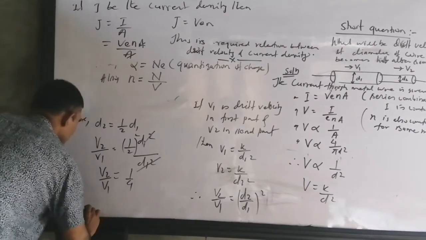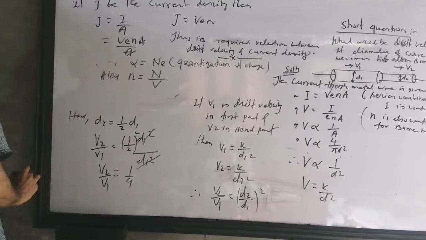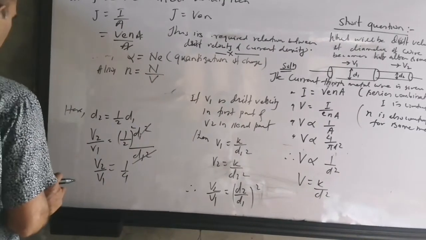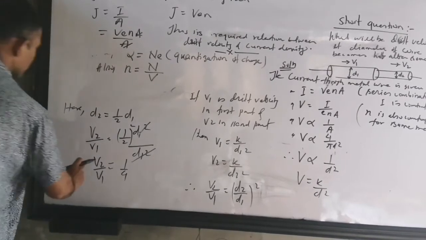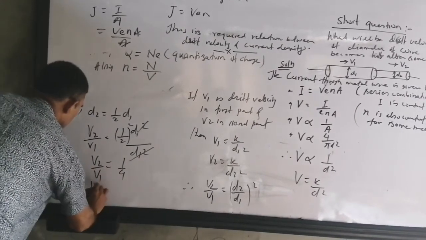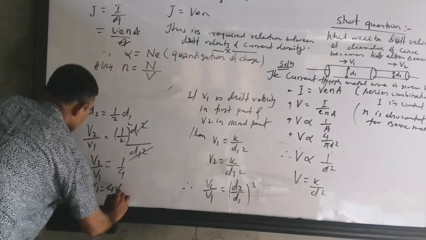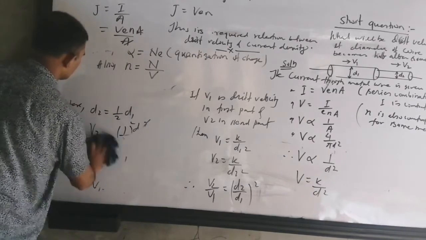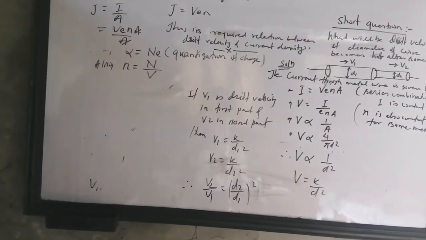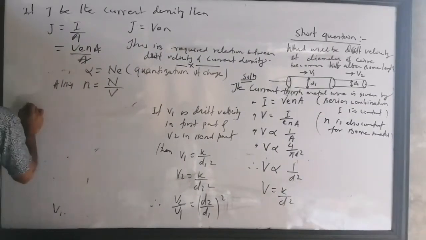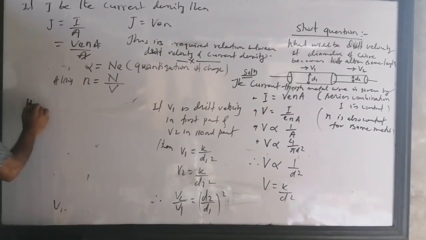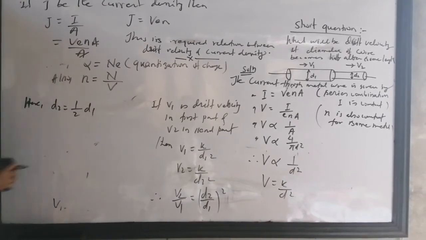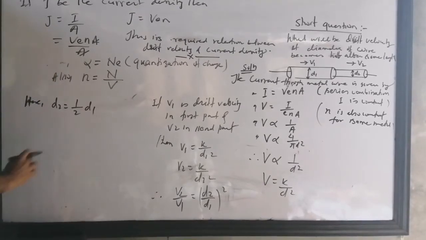So we can simply tell that V1 equals 4 times V2. I think there is some mistake here, let me check. What is given? Here we are given d2 is half of d1. So I have to put that value there.